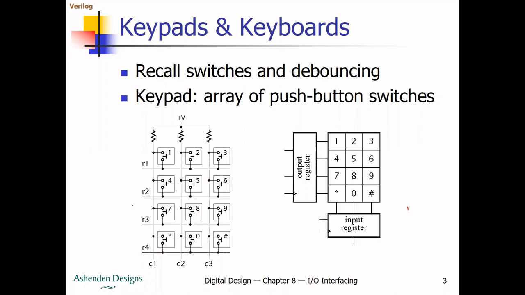You should tell about this logic neatly: what is VCC, what are R1, R2, R3, R4, and what are C1, C2, C3. For a 3x4 matrix, you should tell about the output register and the input register. Finally, you should talk about debounce. Got it? Yes, sir.